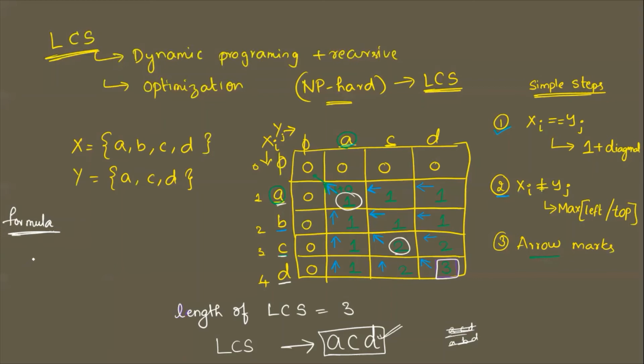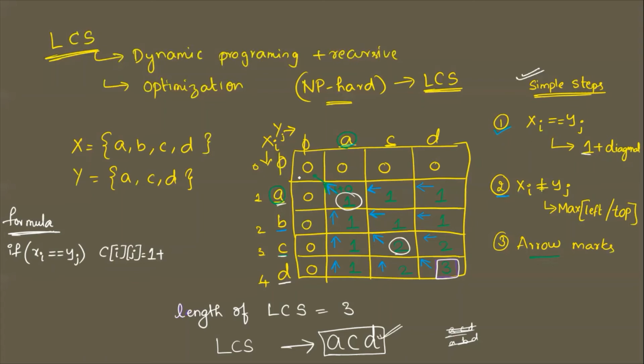So here coming to the formulas, the simple steps I had given, from this only I will be making it out. If x of i is equivalent to y of j, if this is the condition, then the cost of ij is 1 plus the diagonal value.